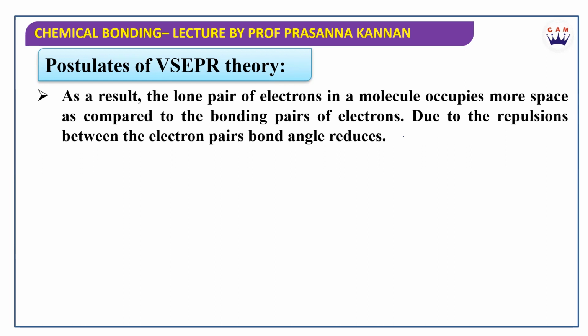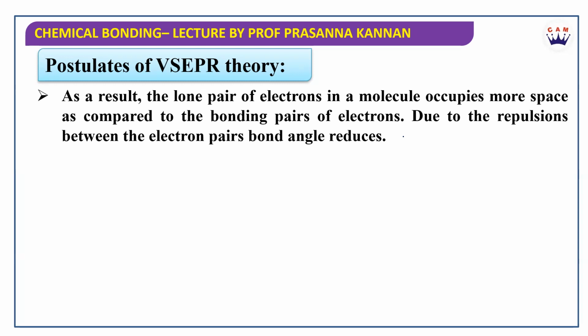And what kind of geometry do you expect? Let's say tetrahedral. But it is not tetrahedral, point number 1. Point number 2, there are only 3 bonds. NH3, unlike CH4. CH4 you had 4 bonds, whereas NH3 you have only 3 bonds. Give me an example for a 3 bond molecule. We just looked at BF3.